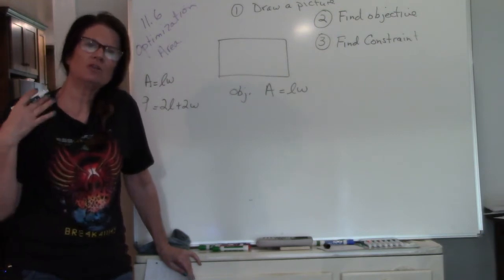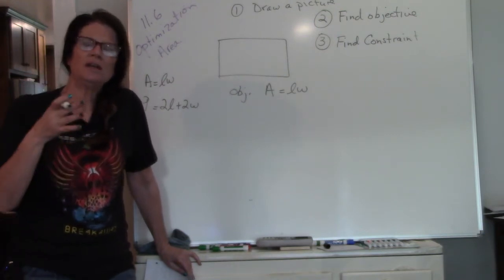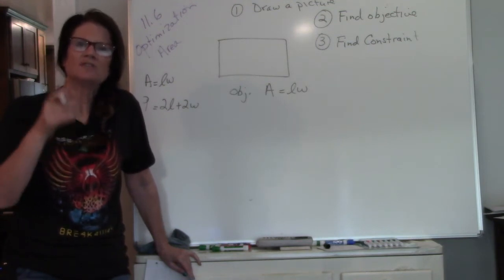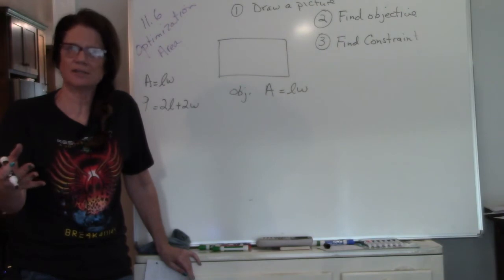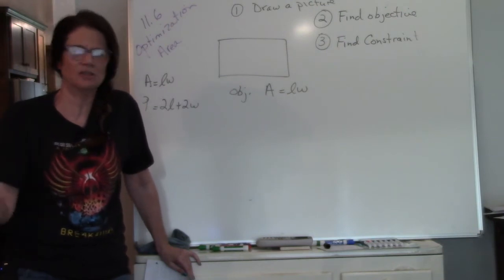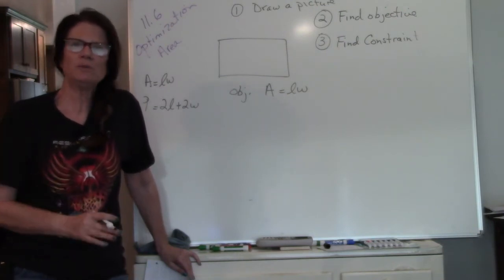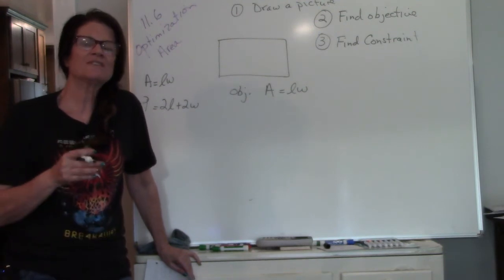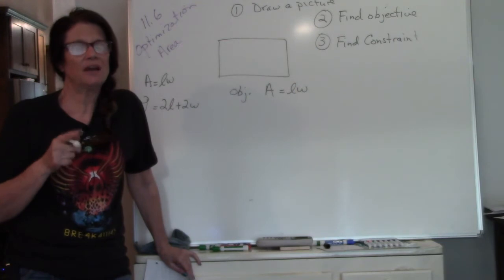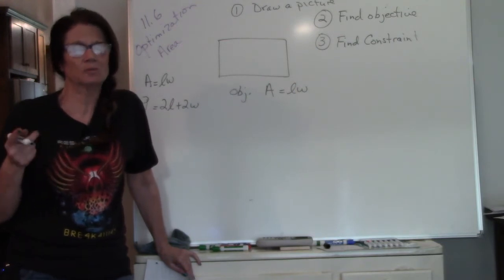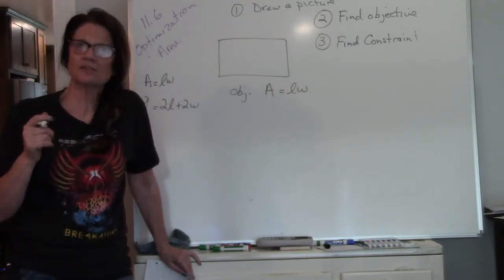Your machine only has so many ways to produce a product, or it can only produce, say, 20 products in an hour or 10 products in a day. So you're always going to be dealing with constraints. The biggest constraint is money. You only have so much money. You do not have unlimited funds to be able to run your business. So there's always going to be a constraint.